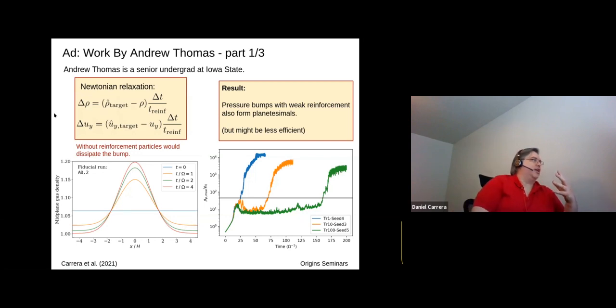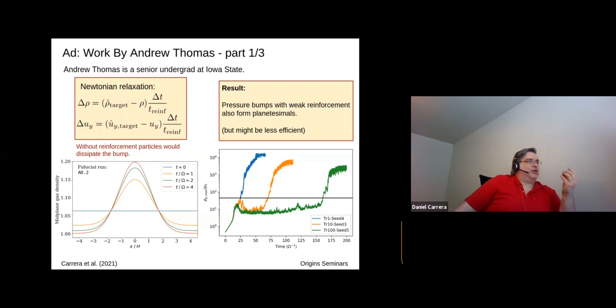I have a formula here. The idea is you have a target density, a Gaussian pressure bump with an amplitude of 0.2. The gas density is initially flat, and the bump forms gradually on a time scale on the order of T ring. You can think of this as sort of an e-folding time scale.